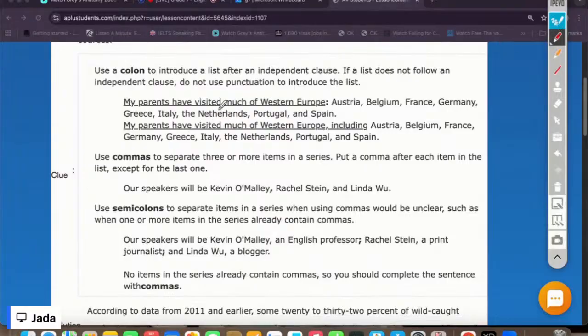So you have to use a colon to introduce a list after an independent clause. If a list does not follow an independent clause, do not use punctuation to introduce the list, okay?